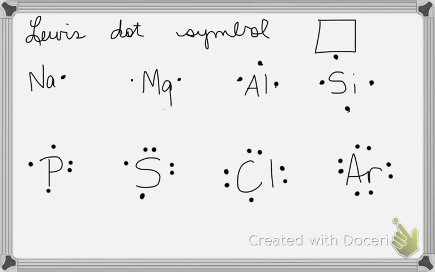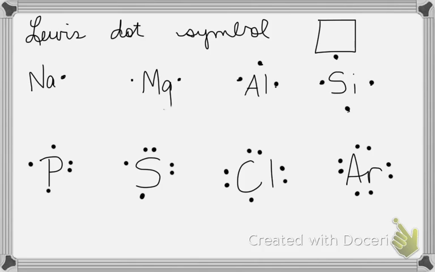Any place there's 1 electron by itself, that's a good indicator of the number of bonds that atom can form. For example, chlorine typically will form 1 bond with somebody else.